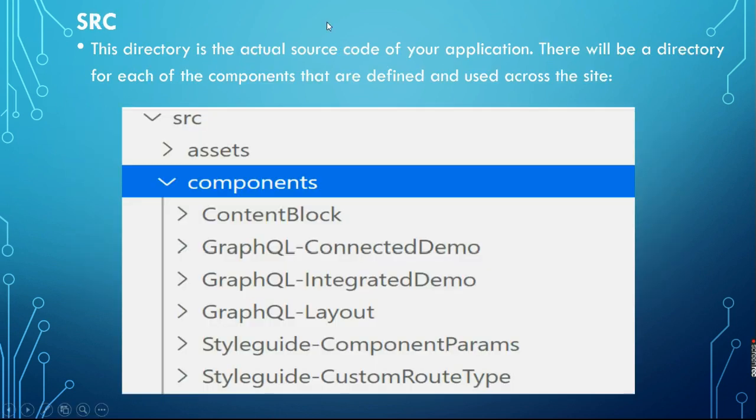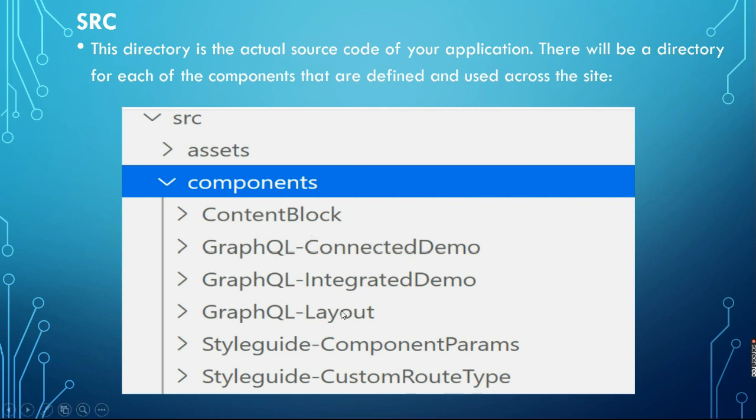Then src. src is actually the source code of the application, where you can render the presentations, decide whether a field is required or not, or write any business logic.